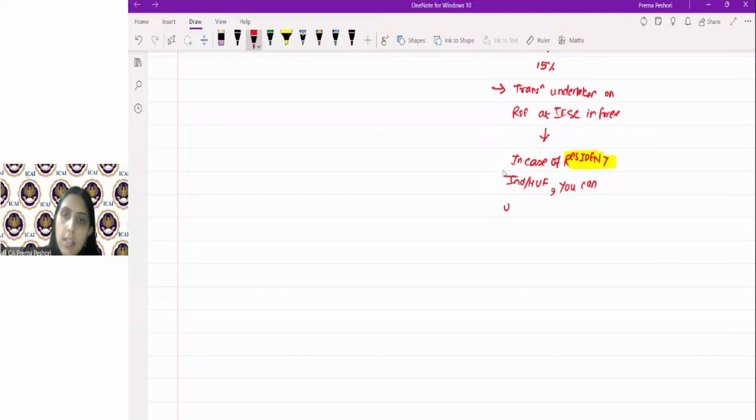If exhausted by any other income, then you will reduce the amount for the unexhausted basic exemption limit to the extent of the short-term capital gain, and on the balance you will apply the 15%. So let's say, for example, if my interest income is 1 lakh, so still I have 1.5 lakh basic exemption limit left, and if I have the short-term capital gain of 3 lakh, then I will apply 1.5 lakh on that 3 lakh. So balance 1.5 lakh will be taxable at 15%.